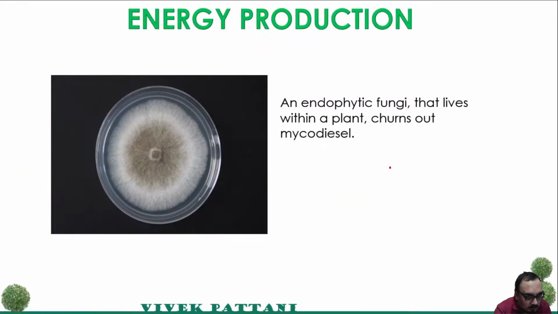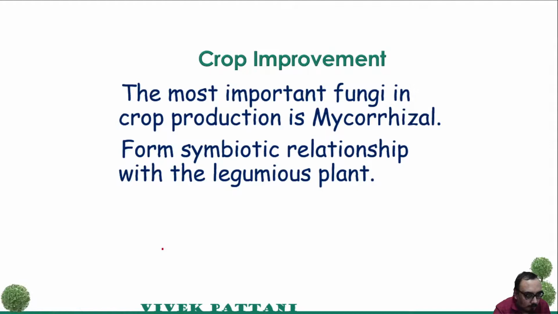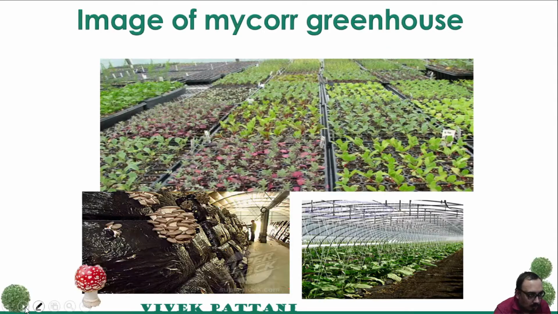Energy production is still under research, where an endophytic fungus that lives within a plant churns out hydrocarbons, but it is still under research. For crop improvement, as we already studied, they form a symbiotic relationship with leguminous and various other plants, and can also be used as fungal fertilizers.